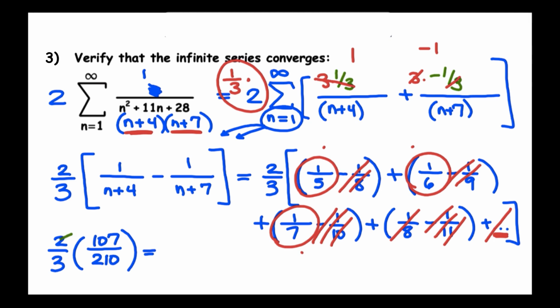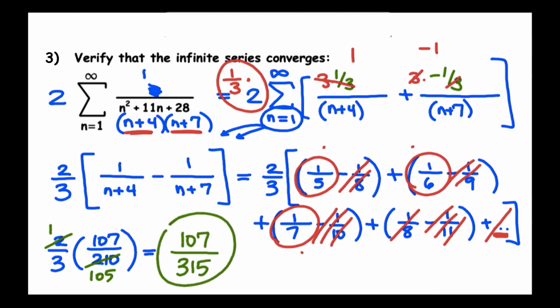Of course, you can cancel the 2 even numbers. 3 times 105, that'll be 315. And yes, this sum converges, and it converges to 107/315.